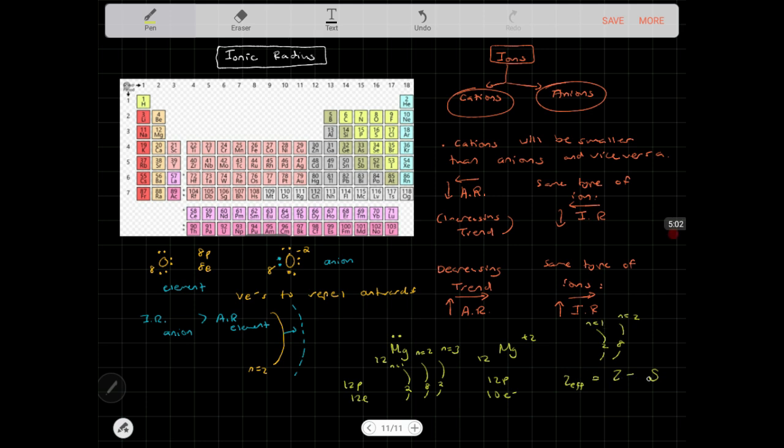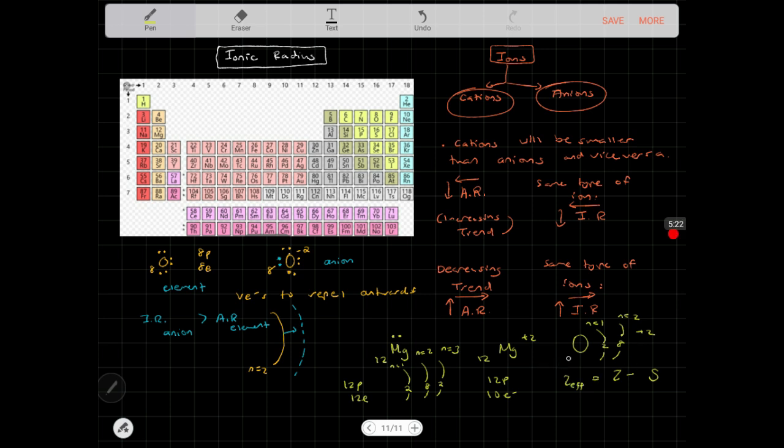So the plus 2 charge now, because if you looked at an electron in this shell, the plus 2 charge now is going to tell us that the charge of the nucleus is greater than the number of electrons, right?